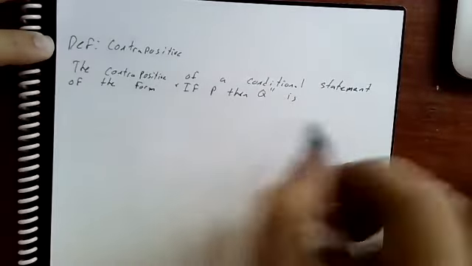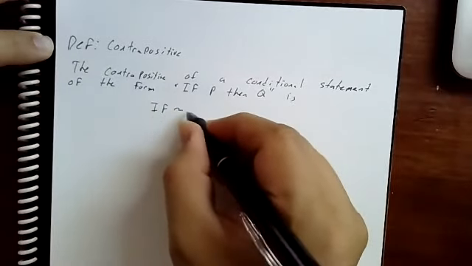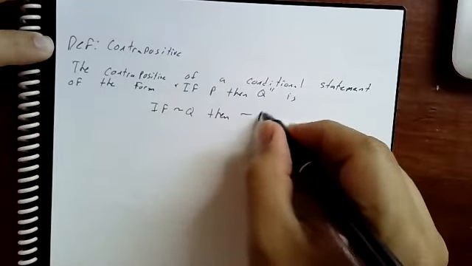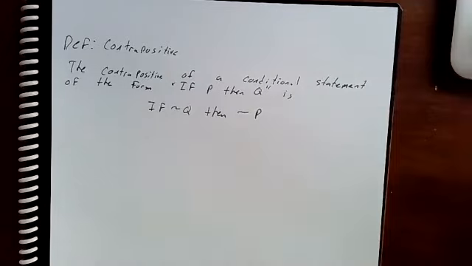The contrapositive of this guy is if not Q, then not P. So basically you just swap them and negate both sides, and that would be the contrapositive. They are logically equivalent to each other.